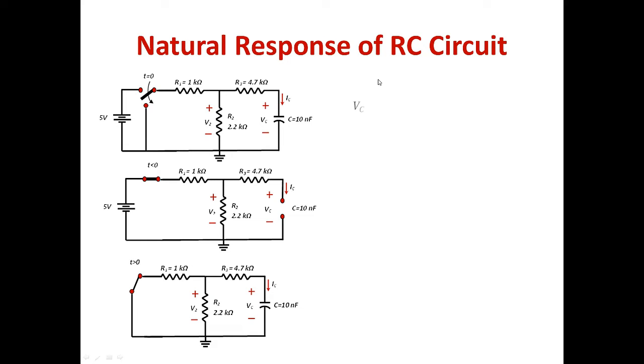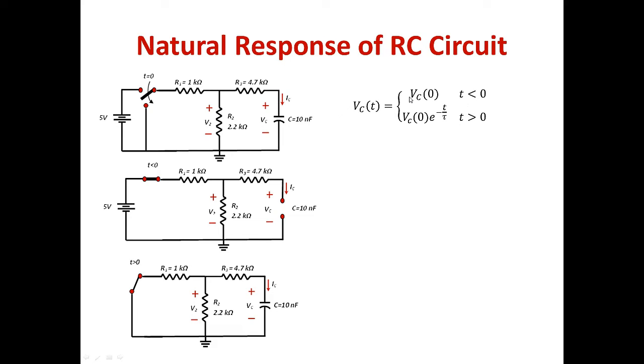The solution to the first order differential equation of the RC circuit, when we remove the source from it, becomes a source-free RC circuit, which means the natural response of the circuit is basically driven by the initial condition. The initial voltage across the capacitor is the one that will take over. So we can say that VC of t is going to be constant before switching.